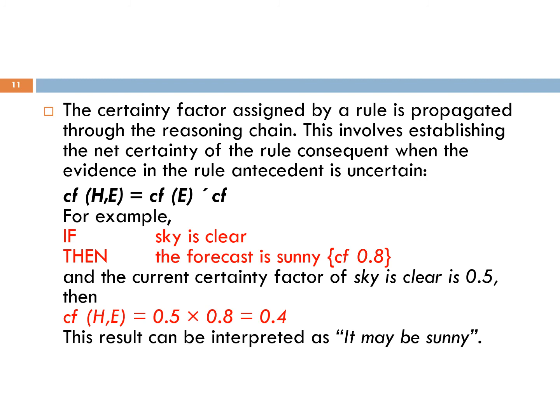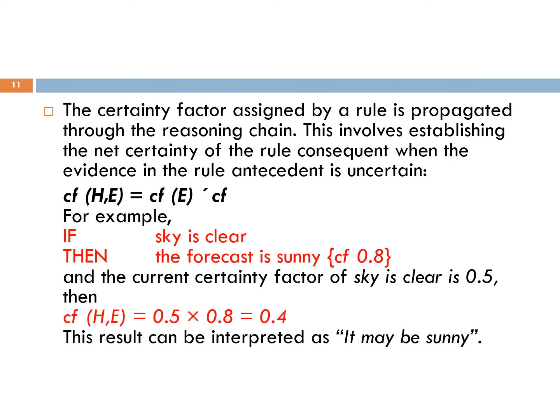Okay. If the sky is clear, for example, then the forecast is sunny, we give a 0.8 certainty factor. And the current certainty factor of the sky being clear is 0.5, and this is given by the observation.